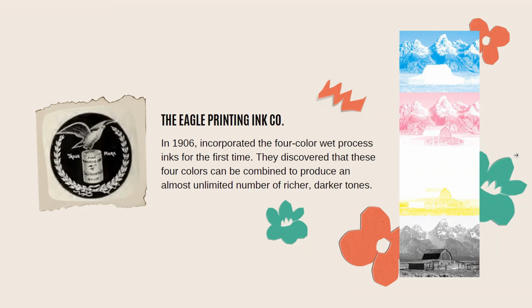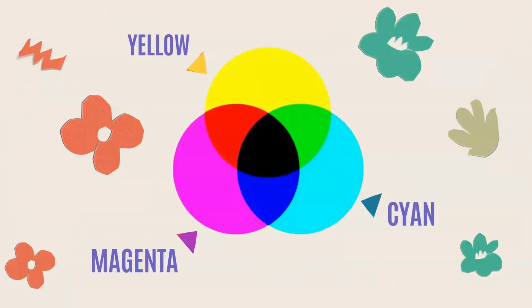And makikita naman natin na pag sila lang, walang masyadong details. But, pag nilagay din yung black, makikita yung magandang details. So, more on for printing. So, this is the model naman. So, pag pinag-combine natin silang tatlo, magpo-produce siya ng deep color na black.